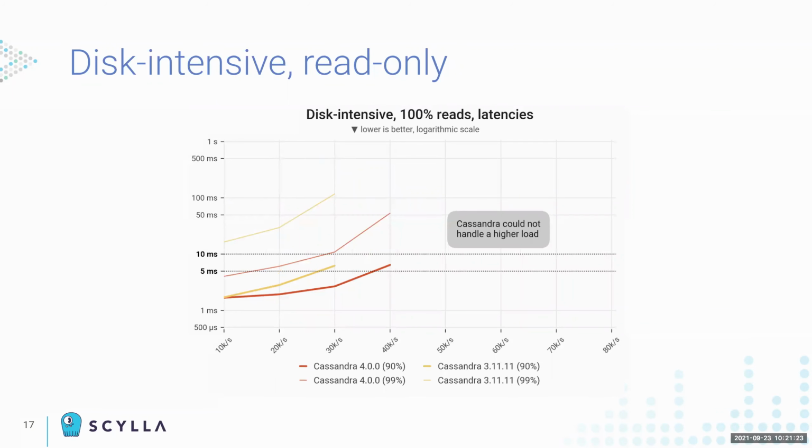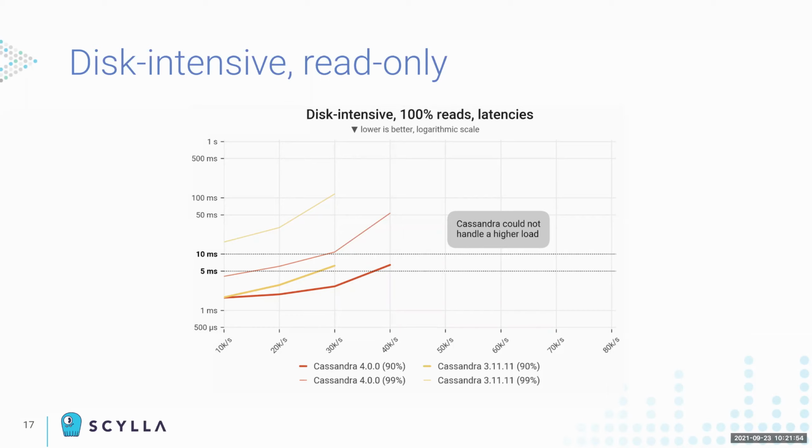If we look at the read-only latencies, when most of the requests have to go to the disk, in the disk-intensive workload, as you can see, the 90 percentile latencies of Cassandra 4 are below 10 milliseconds. Cassandra 3 could also achieve this result, but it could only achieve 30,000 operations per second, not 40,000 operations per second.